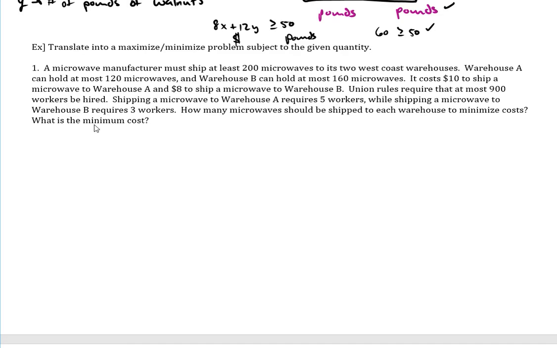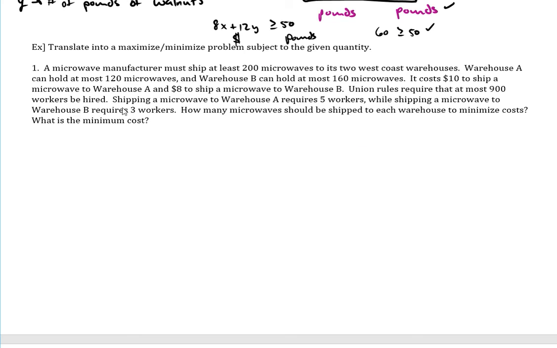But let's take care of this. Let's read through it very carefully, and then I'll tell you my strategy to go at it. All right, so on number 1, it says a microwave manufacturer must ship at least 200 microwaves to its 2 West Coast warehouses. Warehouse A can hold at most 120 microwaves, and warehouse B can hold at most 160 microwaves.